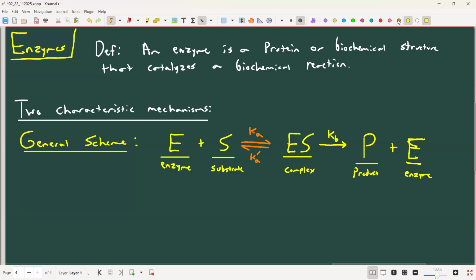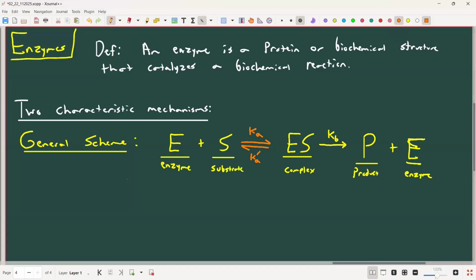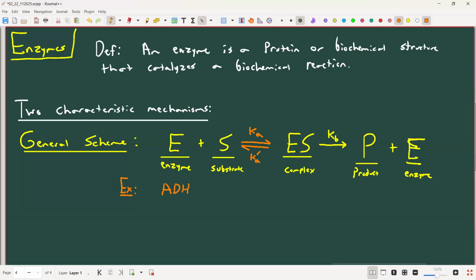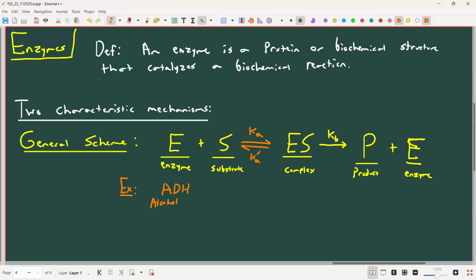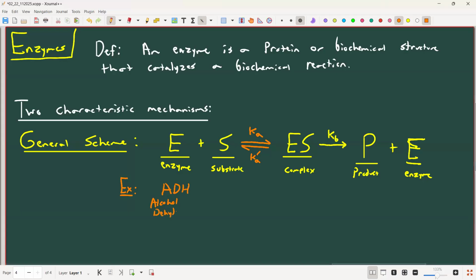Okay, so what's an example of this? Many of you have probably experienced this enzyme process, though you might not have known it. There's a really famous enzyme called ADH, alcohol dehydrogenase.